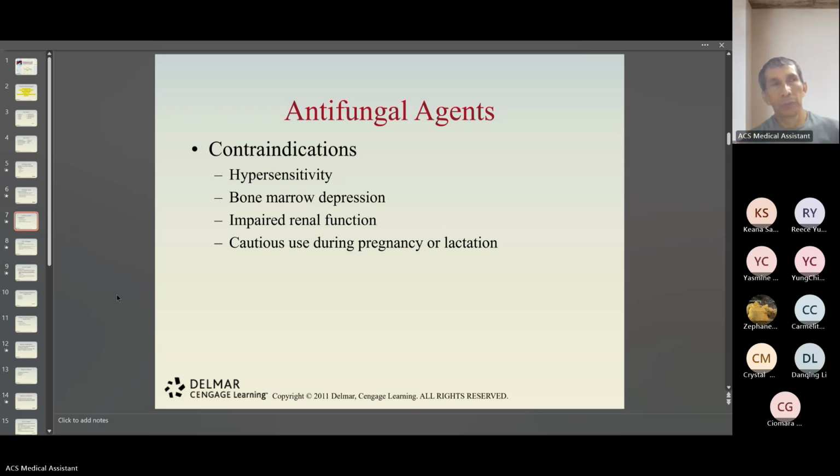Now, once again, one of the common conditions that can affect a patient receiving any medications, whether antibiotics, antifungal, or antiparasitic, is pregnancy or the lactation period.